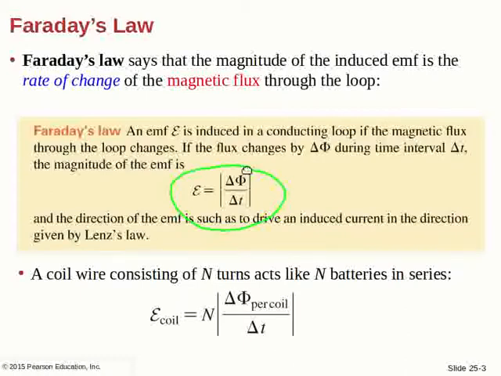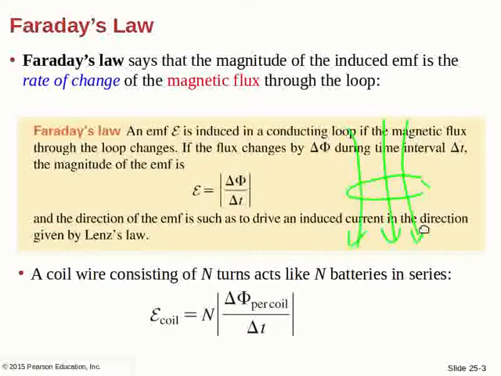What is delta phi over delta t? Let's think about what that means. Delta phi over delta t is the rate of change of the magnetic flux divided by the time over which it changes. Okay? So, if I have a current loop, for example, let me just draw a loop right here, and there's a magnetic field that is directed downward, and let's just say that it's increasing in time.